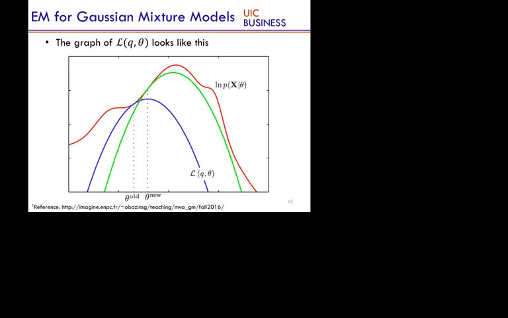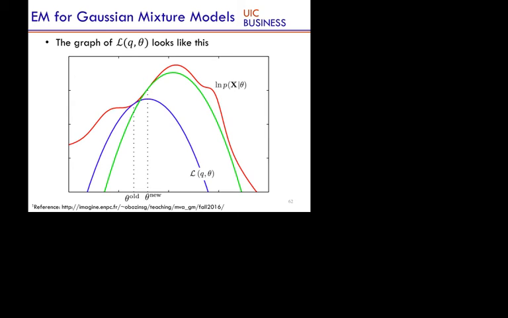It looks like this. What I'm saying is that L of q comma theta for various values of q would look like this. It will touch the original curve at some point when q is equal to some fixed value.